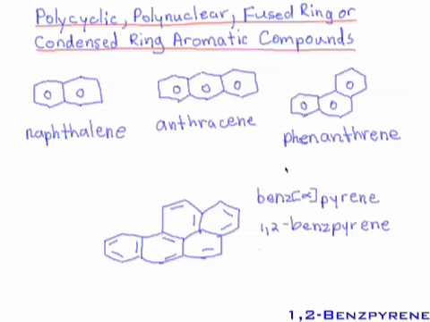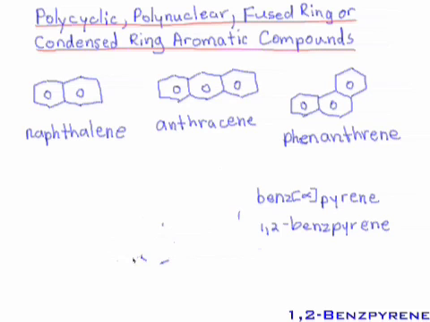Now, what's interesting is when you deal with these polycyclics, and I want to focus now on naphthalene, anthracene, and phenanthrene. So we'll remove this. You should note that with regards to nomenclature of these polycyclics, they often have fixed numbering schemes.